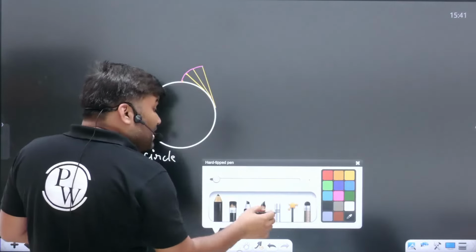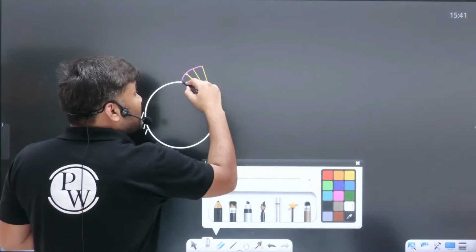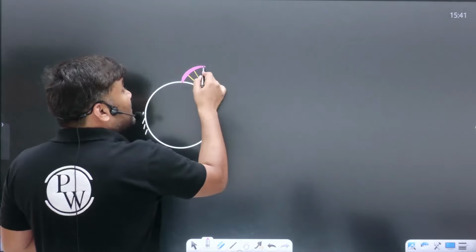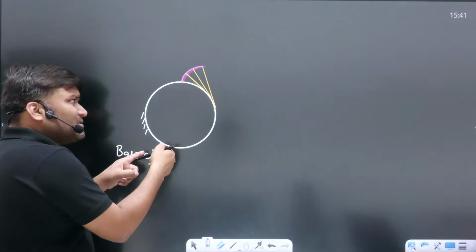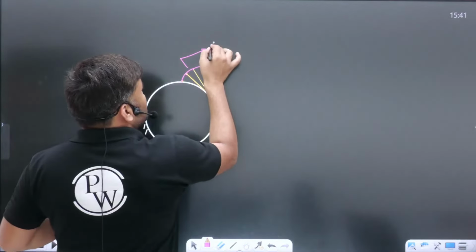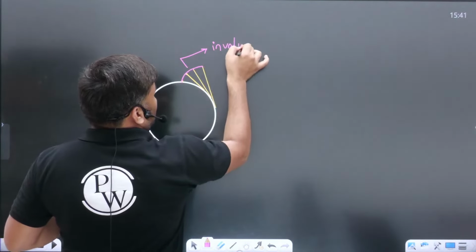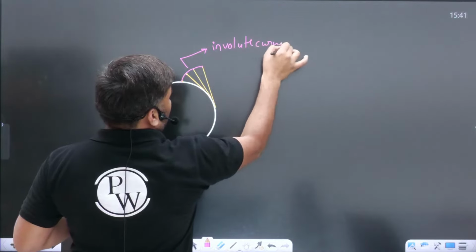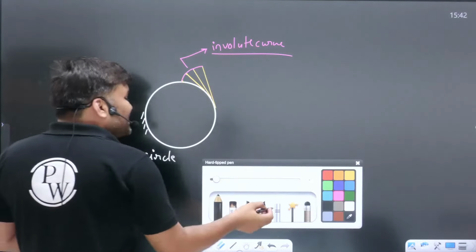So this curve which you are going to get, beta, is called the involute curve. For which circle? This is the base circle. Getting my point? This is known as the involute curve. Very easy.